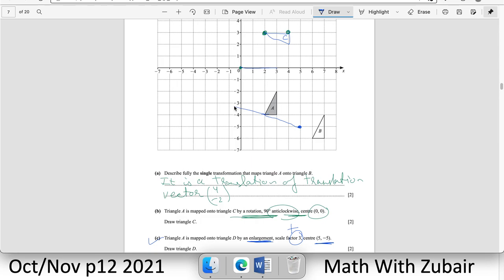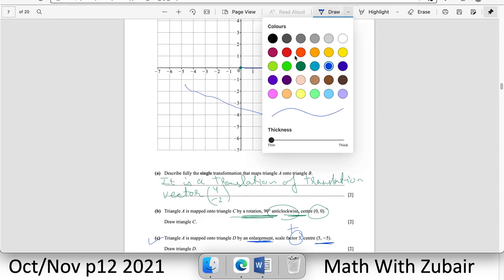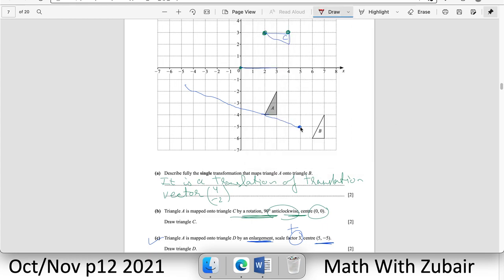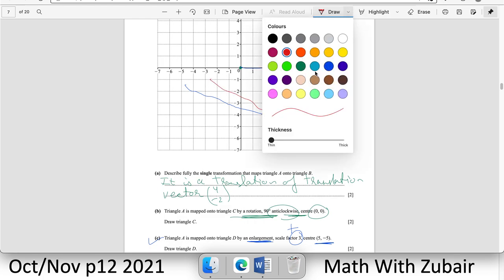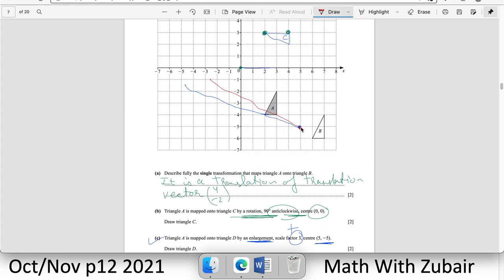So this is your first line. Then use a ruler, again the same point, match this with this point and extend the line more than 3 times. Then the third one in the same manner.